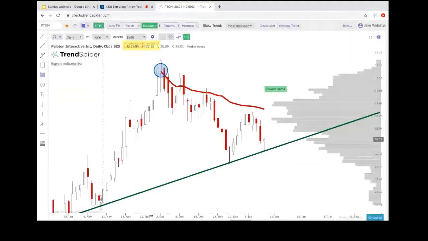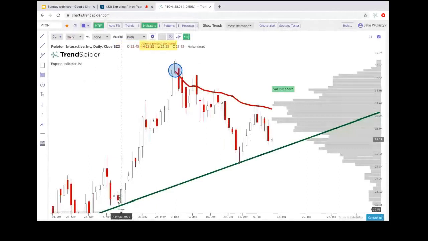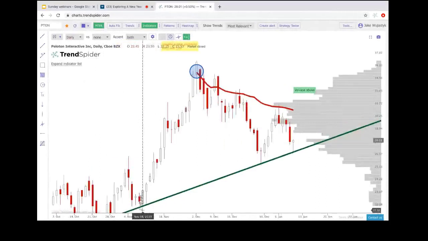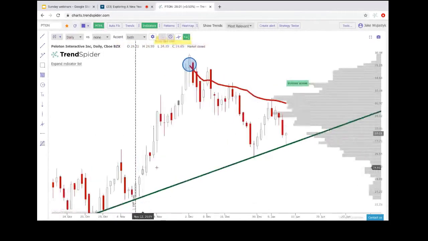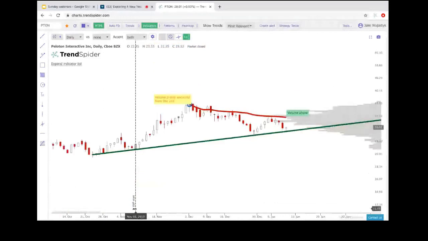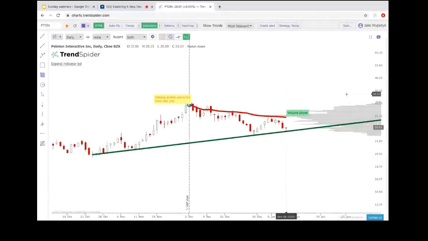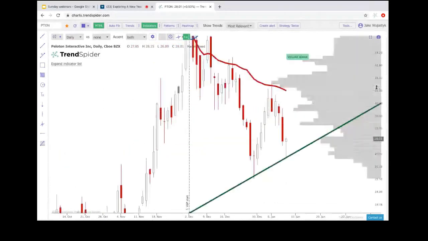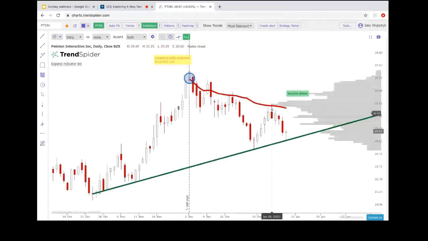So if we anchor from December 2nd, look at how perfectly the price bounced right back to that volume point. And that's simply because that's where a majority of the volume was holding.